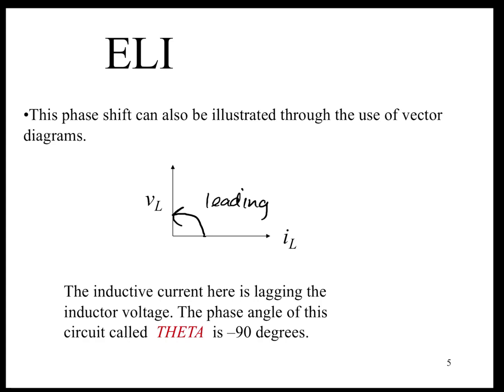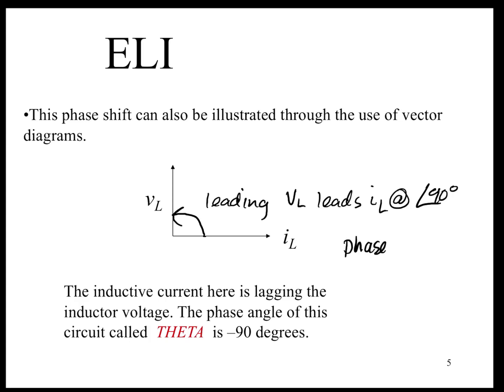When you pick current as the reference, this is a leading relationship, and that means that VL leads IL at 90 degrees. And so this is something called the phase angle.